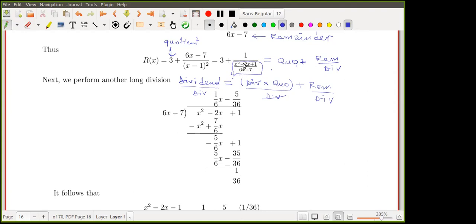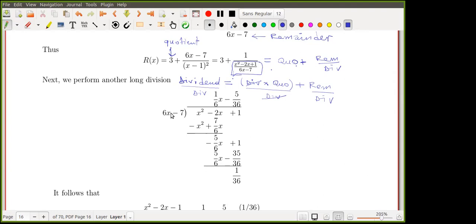So this will be what? Numerator, denominator, or we can say dividend, divisor. This is our dividend here, and this is our divisor. We put it there and perform the long division. As usual, we take this, we divide by that, right?